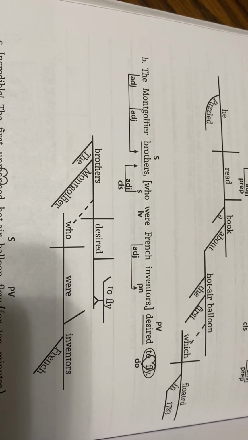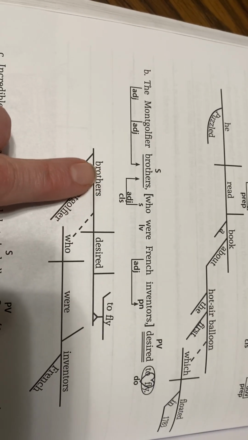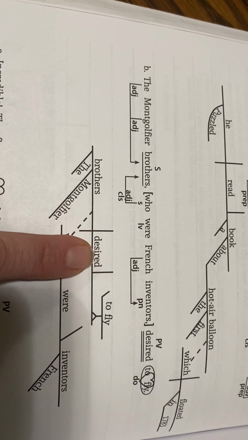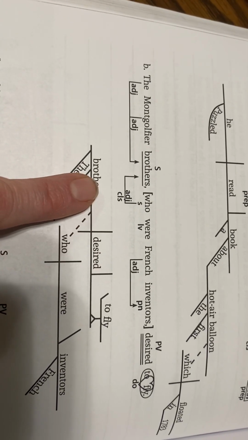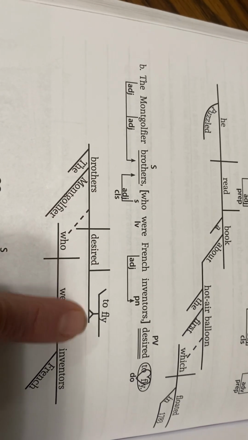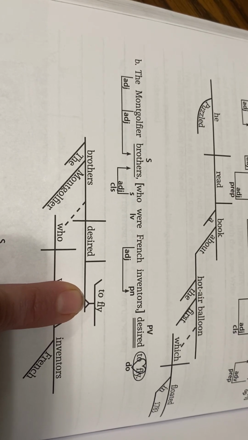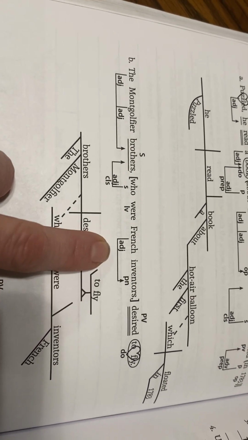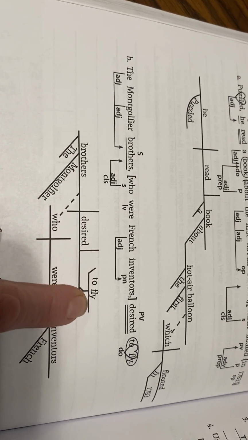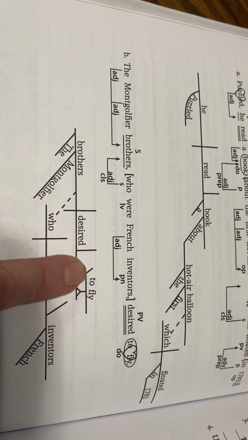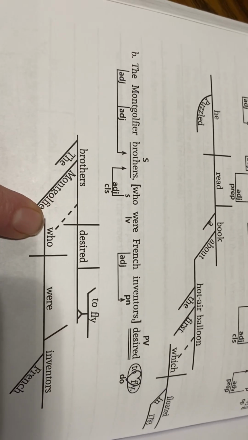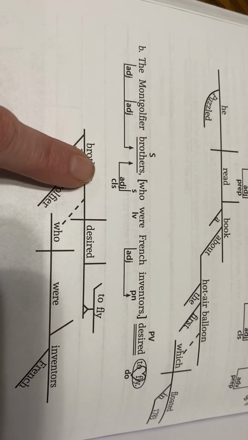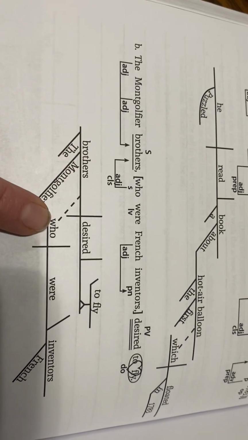I'm moving on to the second sentence, okay? We have our main clause, also known as the principal clause. Brothers, desired. Now, this is our verbal infinitive. So it's up on a pedestal with this kind of platform. I'll just call it a platform. This is a relative clause, relative pronoun.